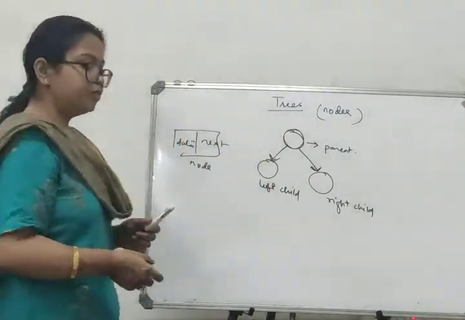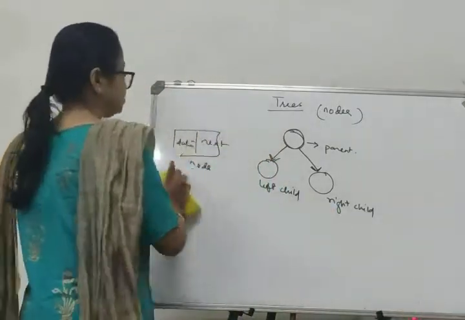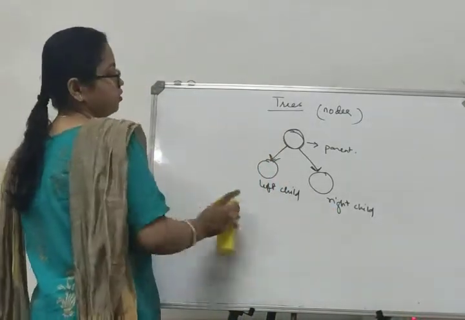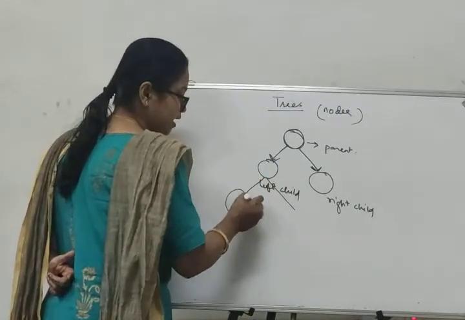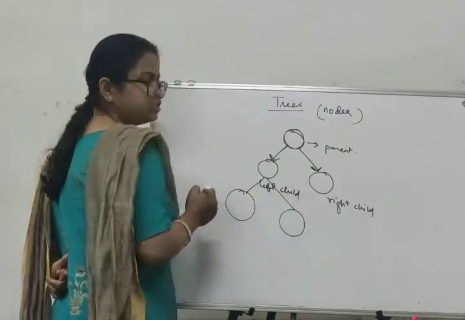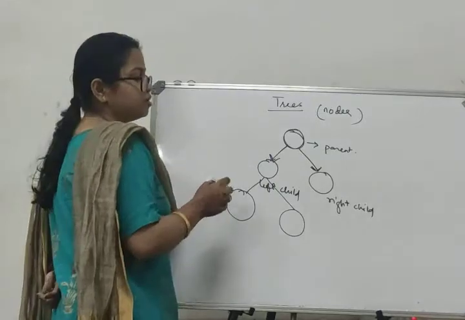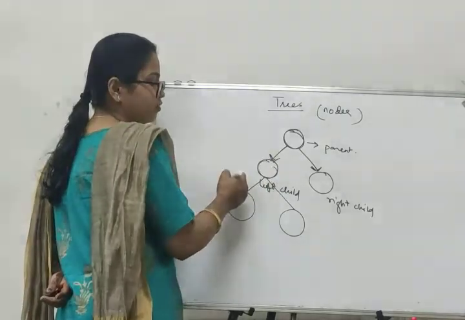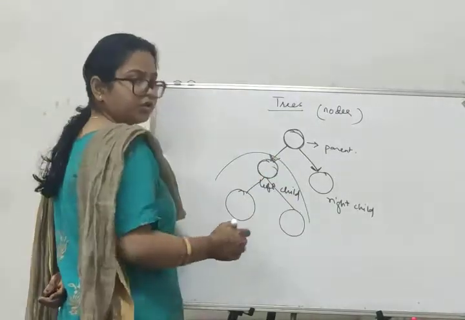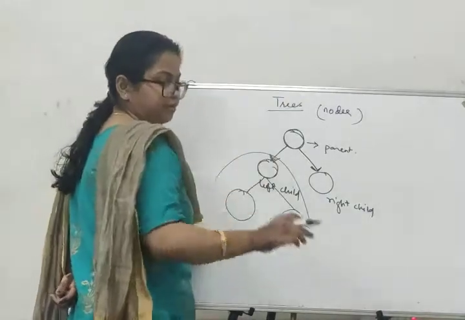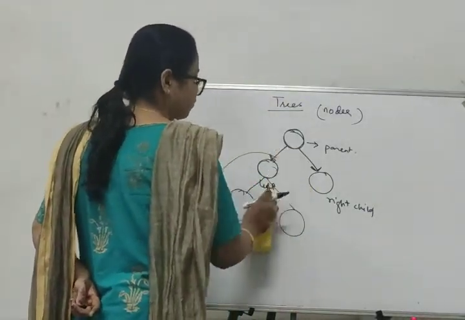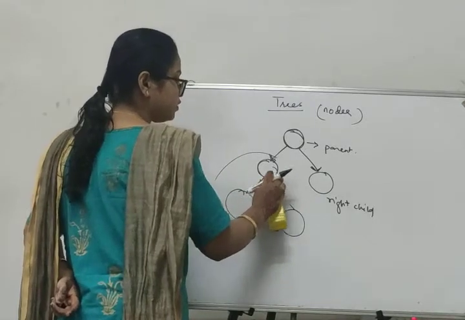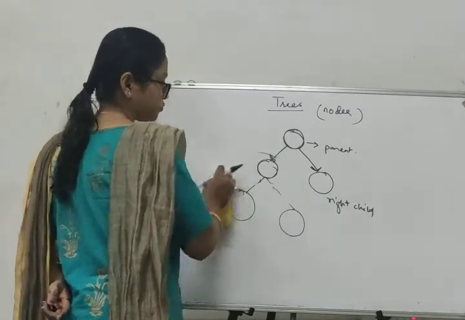Now moving on to an important terminology. The tree can be like this as well. Now this left child has another left child and right child, so this is the parent of this subtree. For the entire tree, the parent of the entire tree, or we can say the starting node of the tree, is called the root.